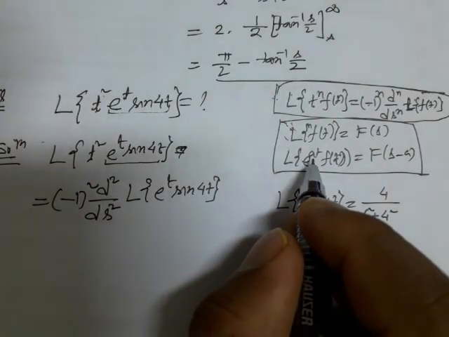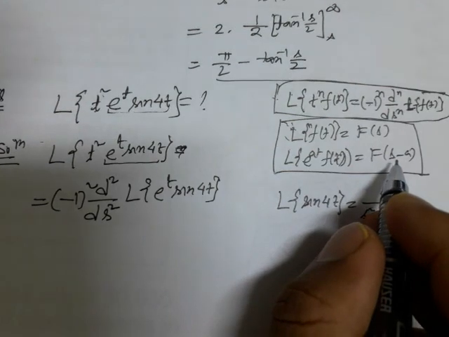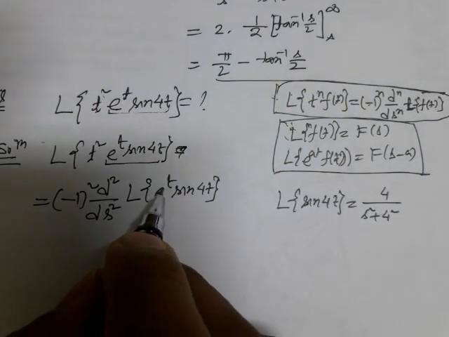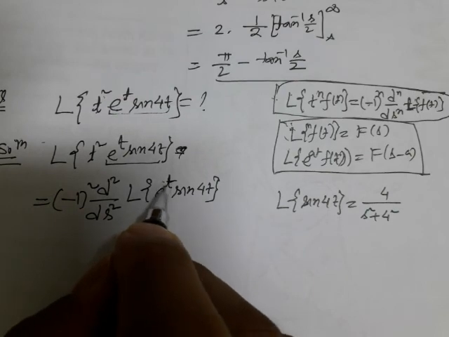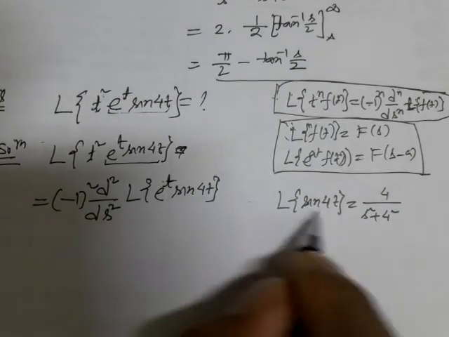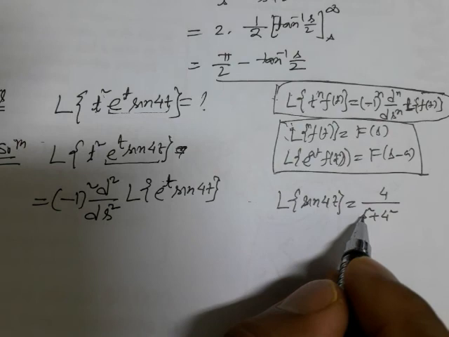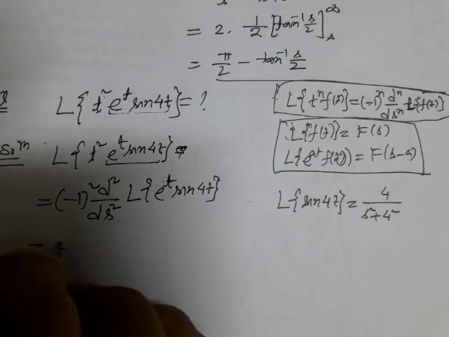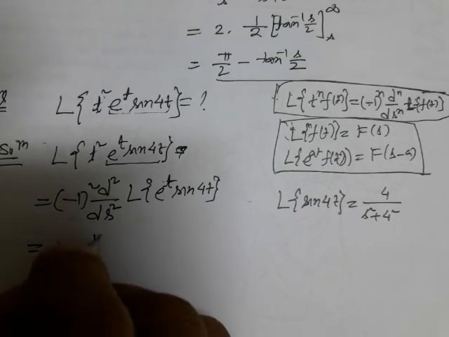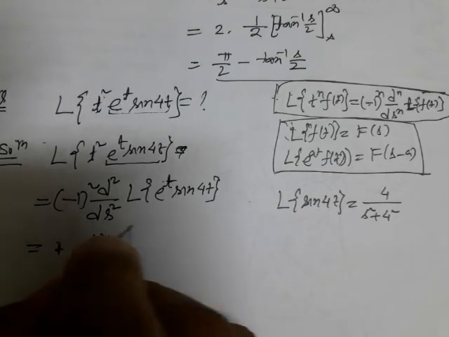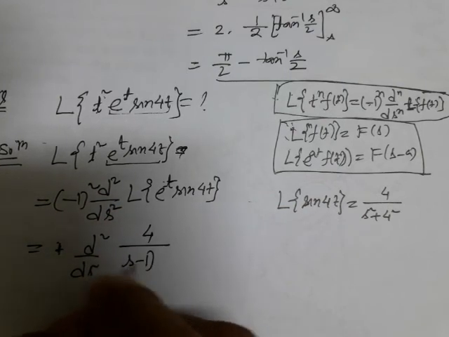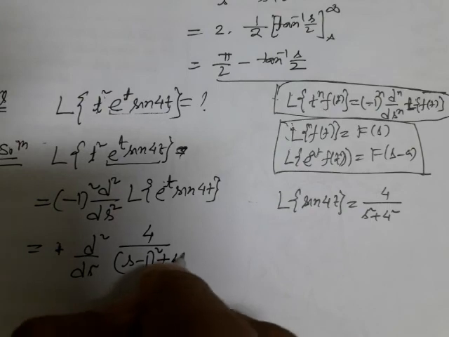So if it is multiplied by e to the power at, then all s is replaced by s minus a. So here as it is multiplied by e to the power t, that means a is 1. So here all s will be replaced by s minus 1. Okay, so now minus 1 to the power square gives plus 1. Okay, so this is double derivative d ds square and it will be 4 by s minus 1 whole square plus 4 square.